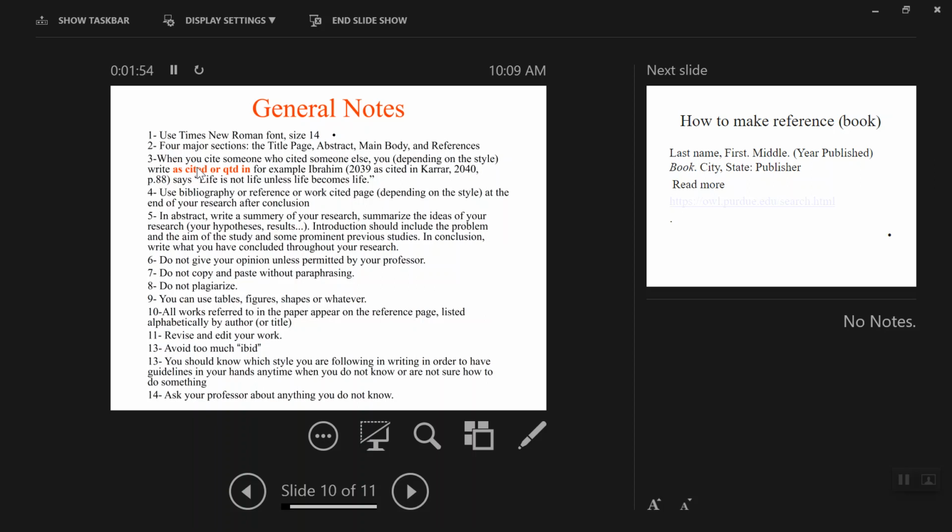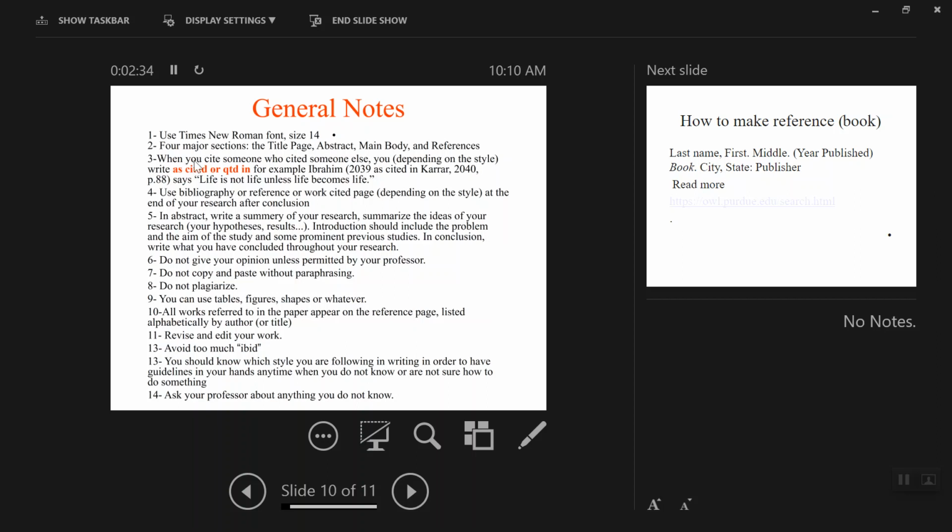When you cite someone who cited from someone else, for example, I go to this book and find in this book, for example, Mali and Daf defined technology, but the writer of the book is Jebhart. How can I cite them?